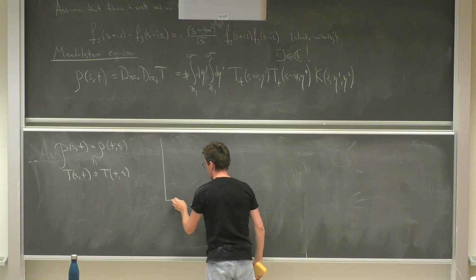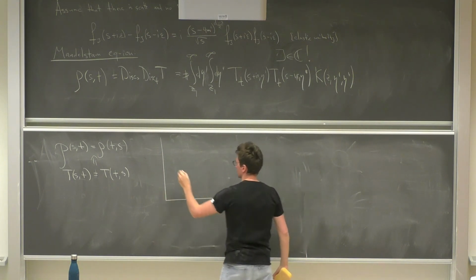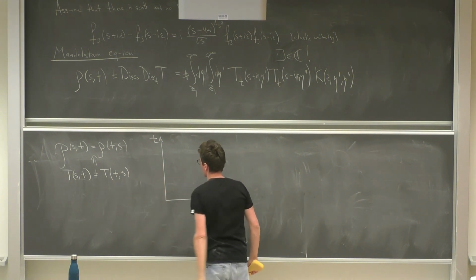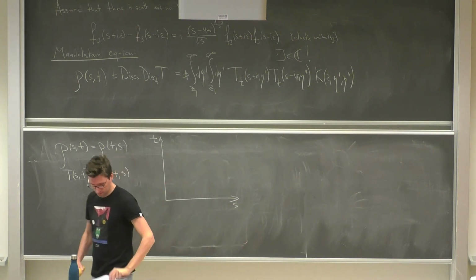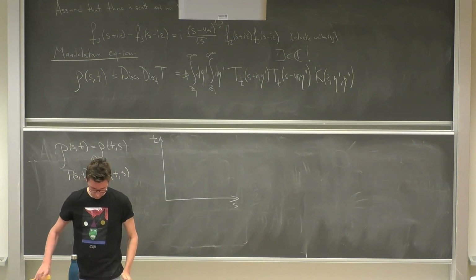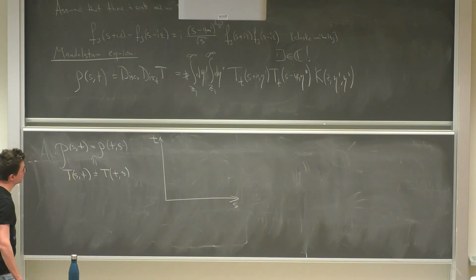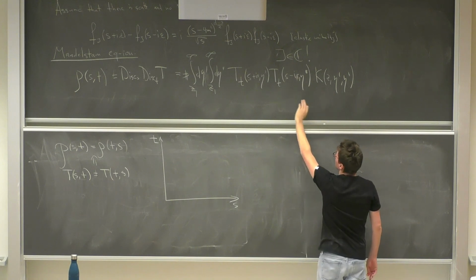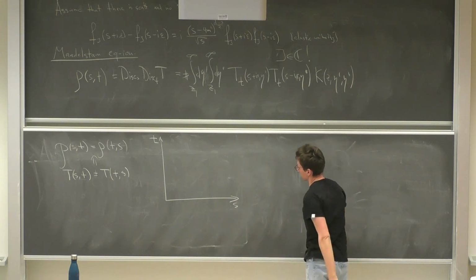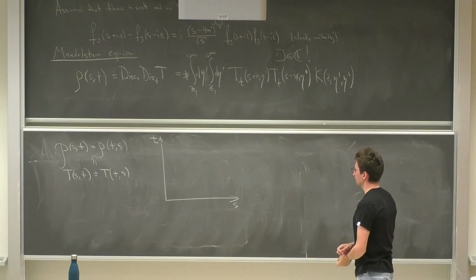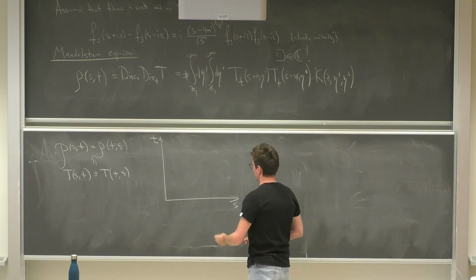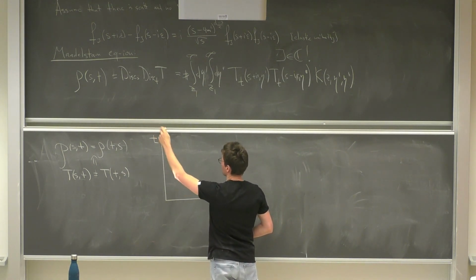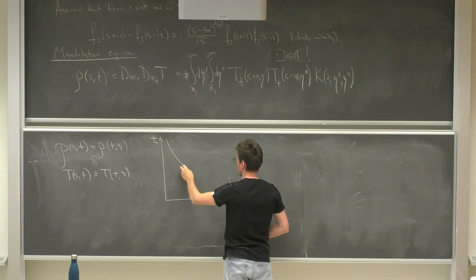So you start with S and T. And if you look at this Mandelstam equation, you can see just from the structure of the kernel and from the analytic structure of the amplitudes, I mean, it's not clear, I haven't quite explained that, that this function rho of S and T can only have support here.